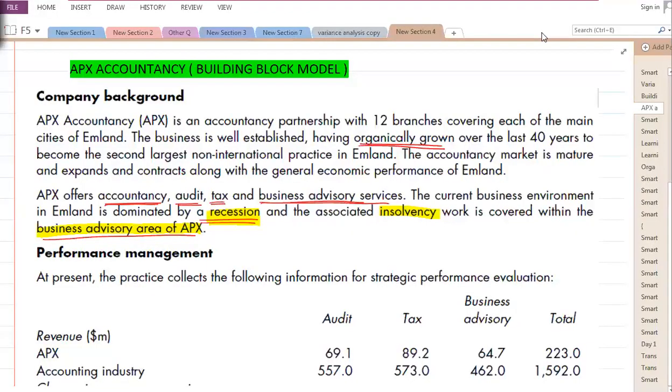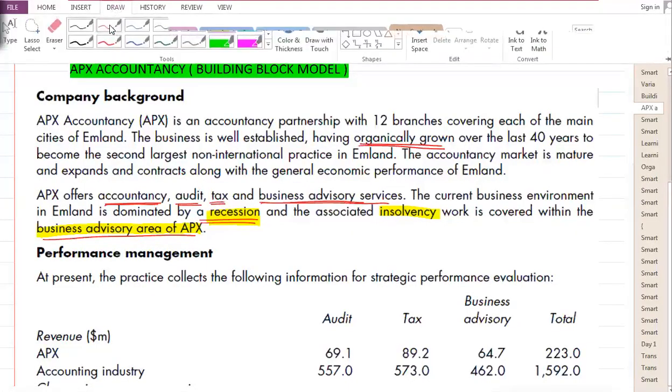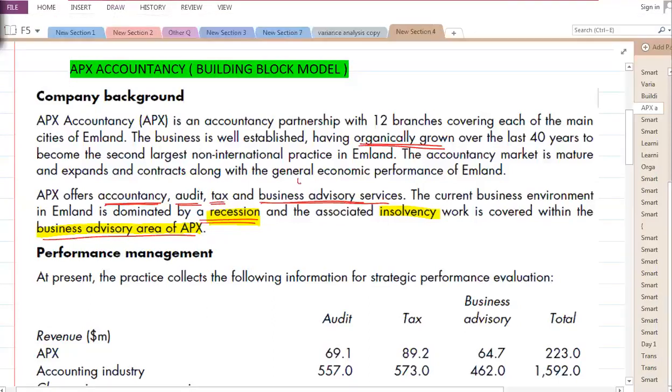Now, let's say we have different partners or different individuals responsible for this service and this service and this service, and let's say this service, right? We have different partners responsible for this, right? So it means this particular partner will get more business. Just because of recession, we'll have more insolvency cases. So this partner will be performing better, right?